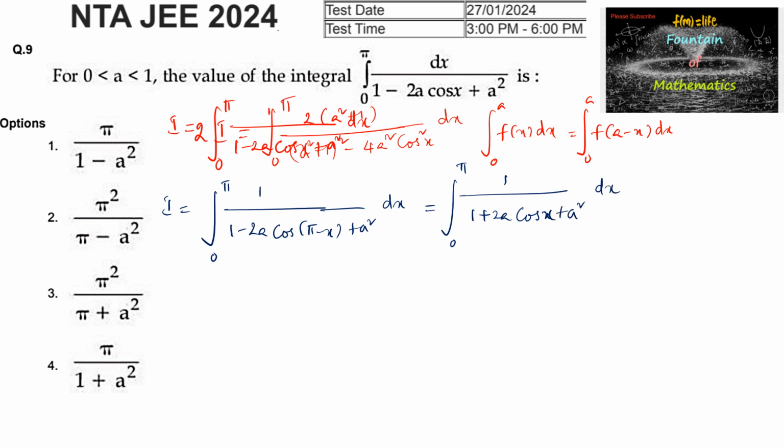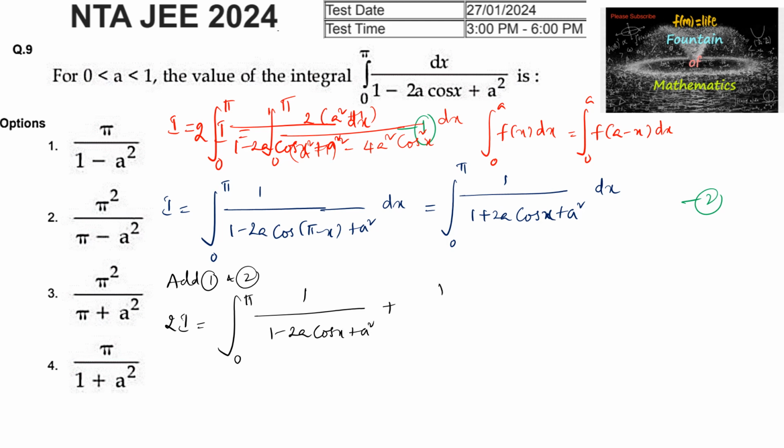Now let us consider this is 1 and this is 2. Adding 1 and 2, we get 2I is equal to integral 0 to pi of 1 upon 1 - 2a cos x + a square plus 1 upon 1 + 2a cos x + a square dx.